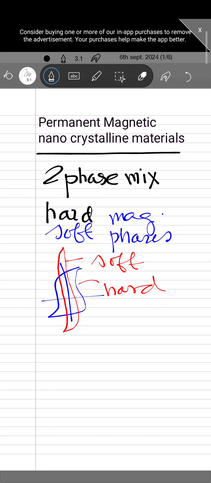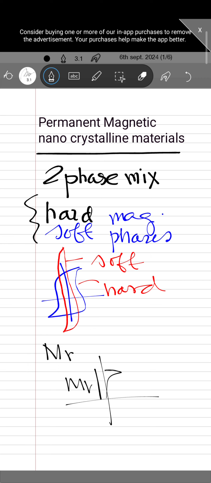Now we are dealing with the fact that we have mixed these two materials. What has been found is that the remanent magnetization, the one that is retained when the field is brought back to 0, this is your MR, is greater than the isotropic value of 0.5 MS. Usually, the remanence value is considered to be half of the saturation value.